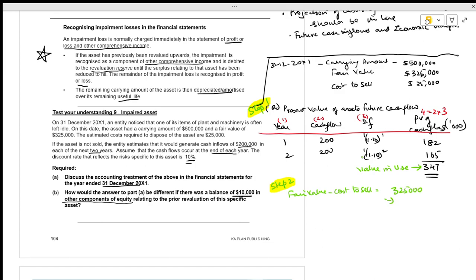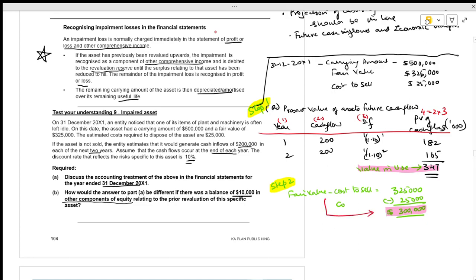Cost to sell is 25. So how much is there? 300. Value in use is 347. Fine. And the fair value less cost to sell is 300.